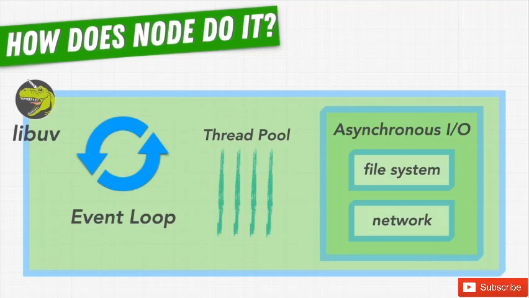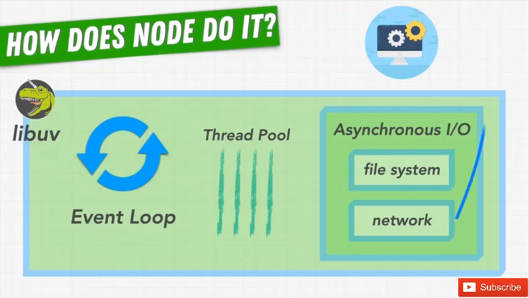Instead, where possible, libuv uses the operating system directly, specifically the operating system kernel, which is the core part of the operating system that talks to the computer's hardware and has multiple threads of its own. The kernel is really good at doing these basic operations, like talking to other computers over the network, using its own capabilities.